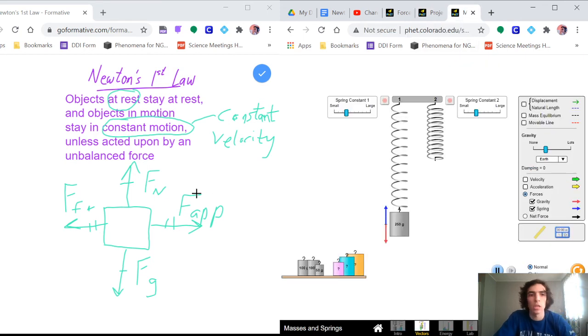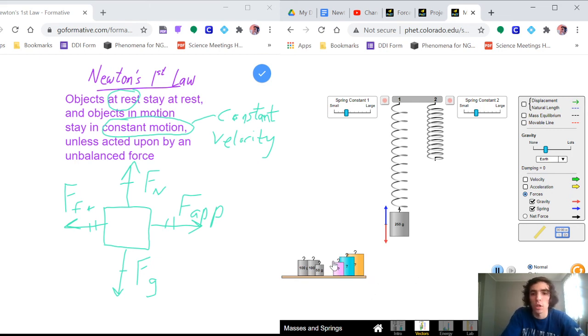Now, for the object at rest, we investigated that with this other spring simulation, and the only difference here is that instead of there being a gravity and normal force, now it was gravity acting to pull this mass downwards, but it was a spring force that was keeping this object hanging in the air and stably at rest in the middle of the air with the ground, however far below it.